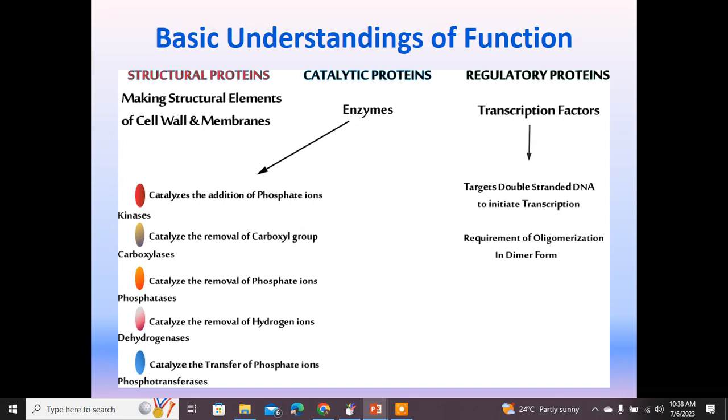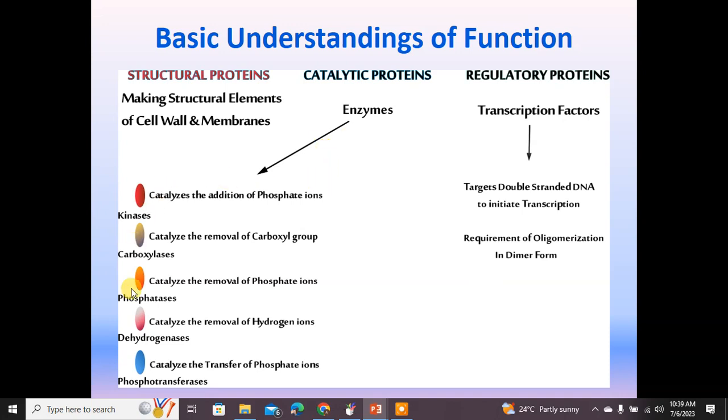When I use the word regulate, it has three meanings: to turn it on, to turn it off, or to make it slow or fast. The regulatory proteins are most of the time enzymes, and they regulate the process of transcription. Thus they need some different level of oligomerization, but you may not understand oligomerization at this stage, so skip that part now.